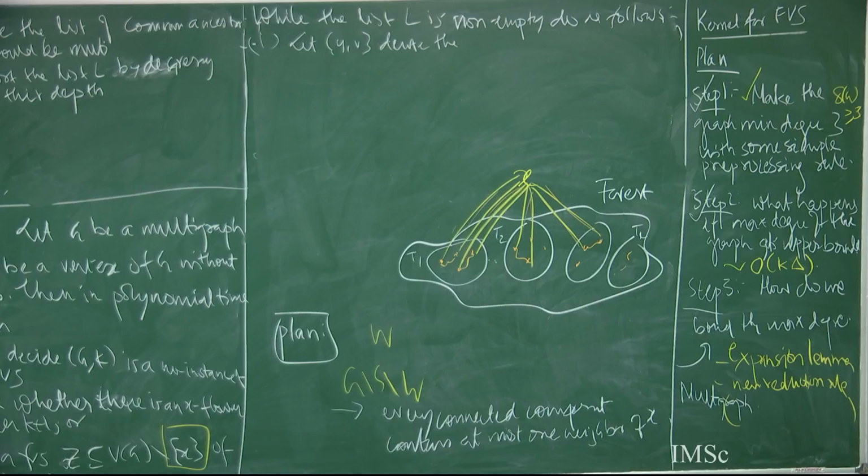The minimum number of vertices to destroy all the paths between them is exactly the same as the maximum number of vertex disjoint paths between the pairs, and this is exactly what I'm proving to you. What I'm proving is a min-max theorem: look at a forest, look at all these colored vertices, the maximum number of vertex disjoint paths on these colored vertices is the same as the minimum number of vertices needed to break all these paths, and that's all that I'm doing.